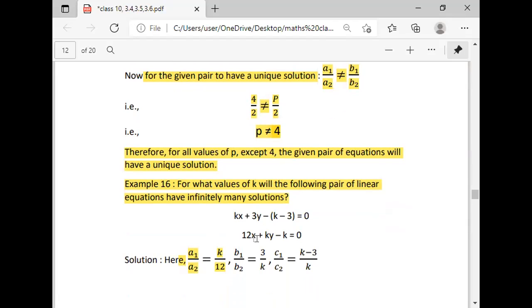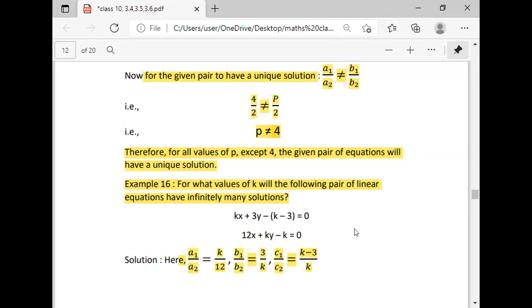So A1 by A2 is equal to K by 12, and similarly B1 by B2 is equal to 3 by K, and C1 by C2 is equal to K minus 3 by K. Okay, clear?